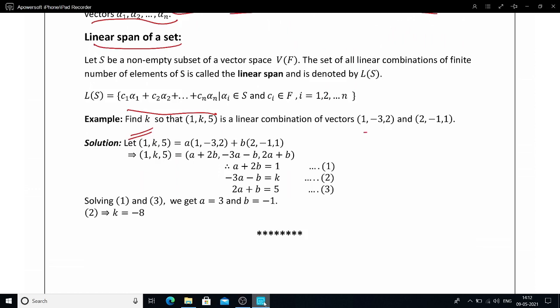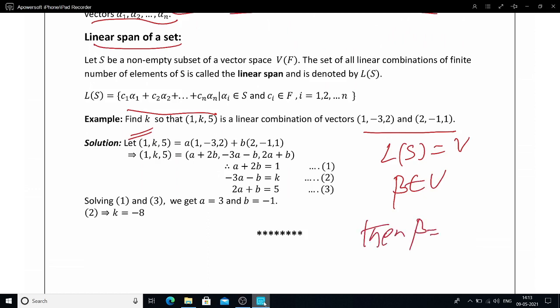This is same as L of S is equal to V. If beta belongs to V, then beta equals a linear combination of S. If a vector belongs to a vector space V, then this vector beta can be expressed as a linear combination of S.